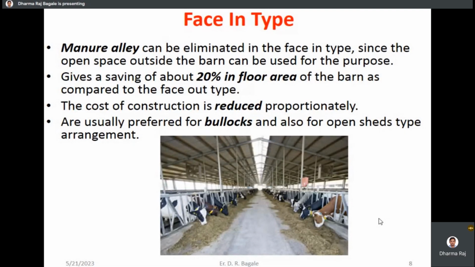So here the width of the shed will be reduced to some extent, and altogether 20% of the floor area can be removed. It will be more economical than tail-to-tail system, and this system is usually prepared for non-milking animals or for bullocks or those other young cows which are not in milking stage.